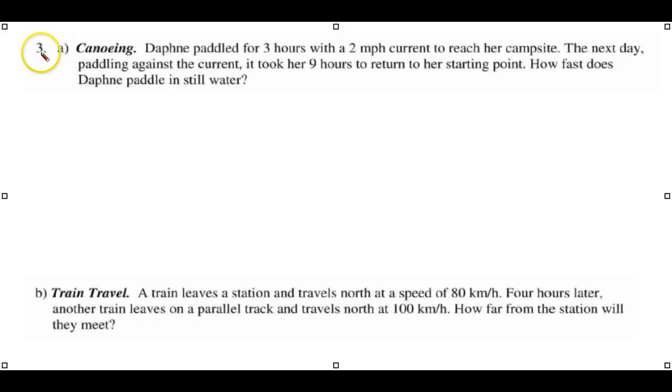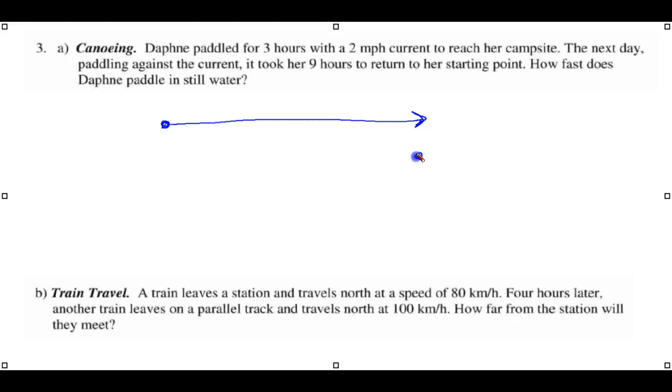Now in number 3, we change things a little bit. We're going to have 2 parts of the equation, but actually we're just going to use 1 letter. So basically we're starting a trip and we're going upstream.